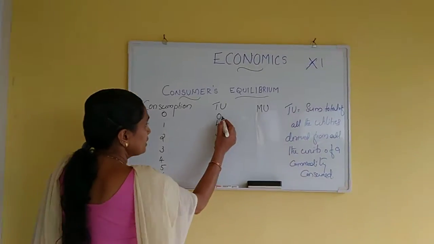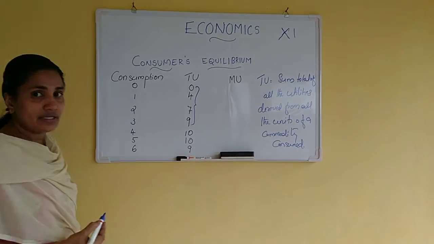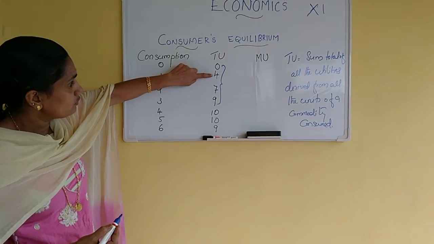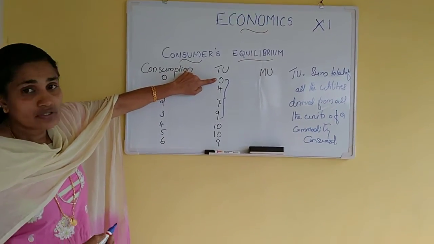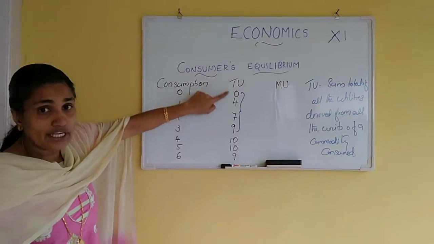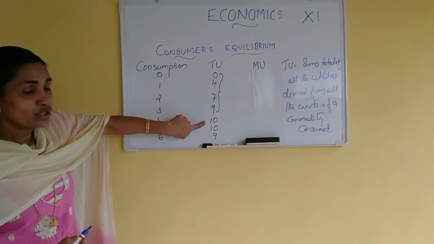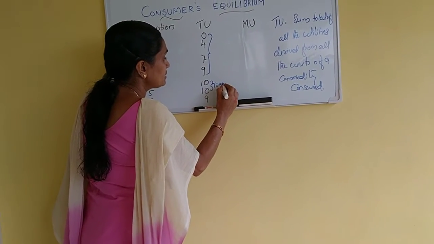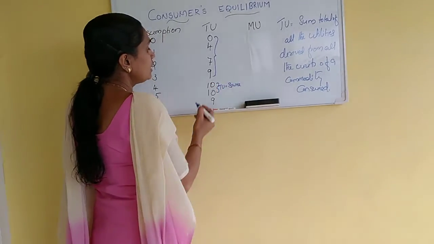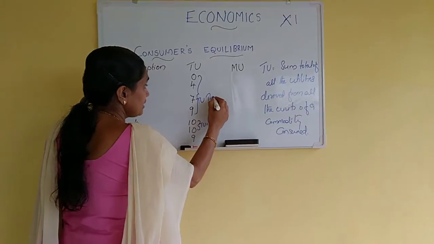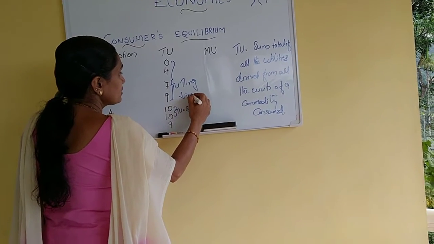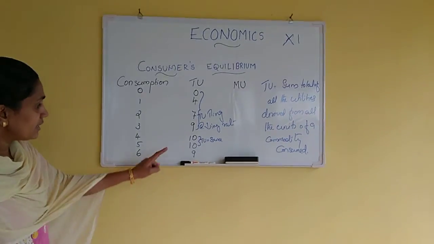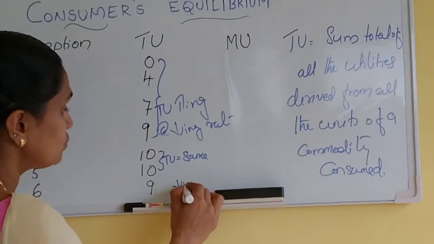In the beginning, the total utility is increasing, but the increasing rate is decreasing, right? The difference between 4 and 0 is 4, then 3, then 2, that is decreasing. Then it came to 10. At this level, total utility is the same. Here total utility is increasing at a decreasing rate. Then we can see that total utility is decreasing.